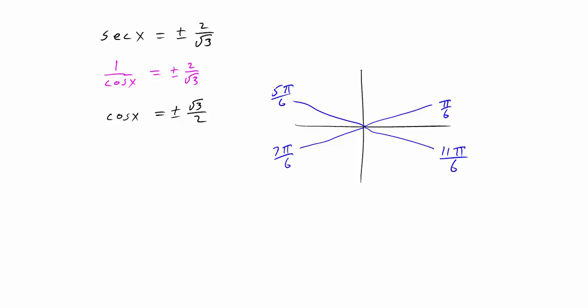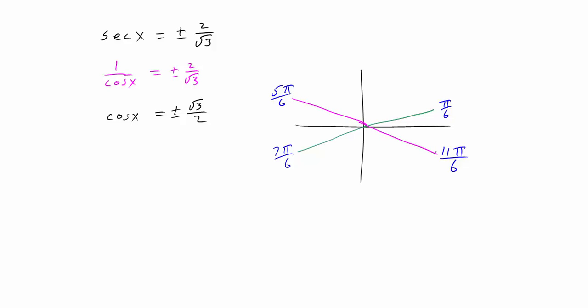And I want to emphasize something here, so I'm going to use a slightly different color. Let me just redo this here. So here we have our pi over 6, 7 pi over 6, 5 pi over 6, and 11 pi over 6.